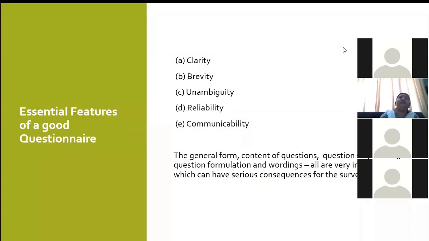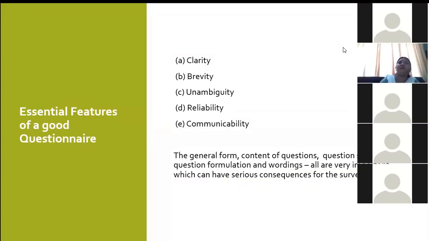Now let us examine what are the essential features of a good questionnaire. So the first thing that you have to remember is that there must be clarity. The questionnaire must be very clear. All words and all sentences and all questions must be very clear.